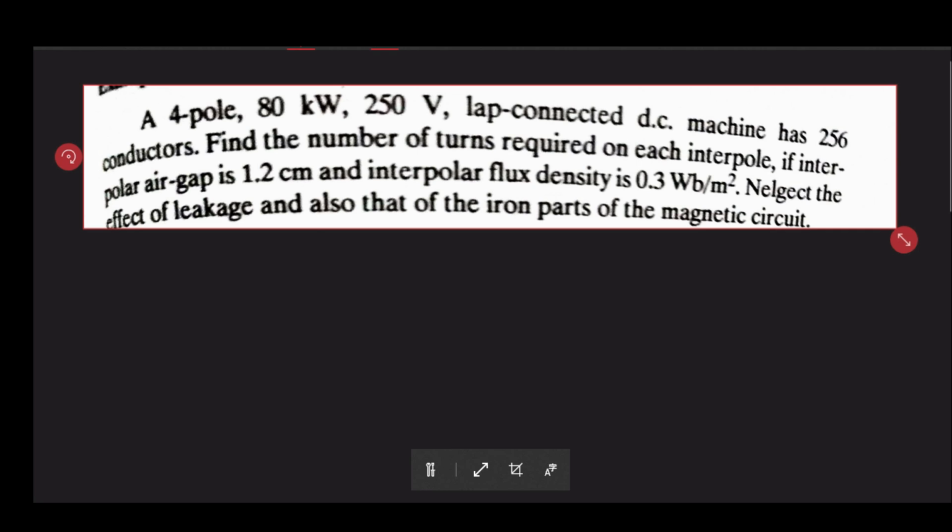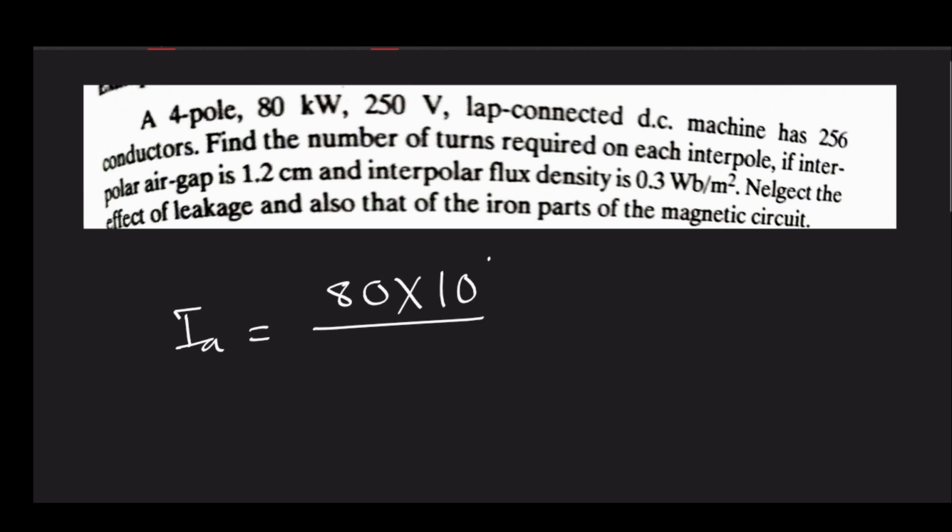Find the number of turns required on each interpole, if interpole air gap is 1.2 centimeter and the interpolar flux density is 0.3 Weber per meter square, neglecting the effect of leakage. First of all, you have to find out the full load current, that is 320.